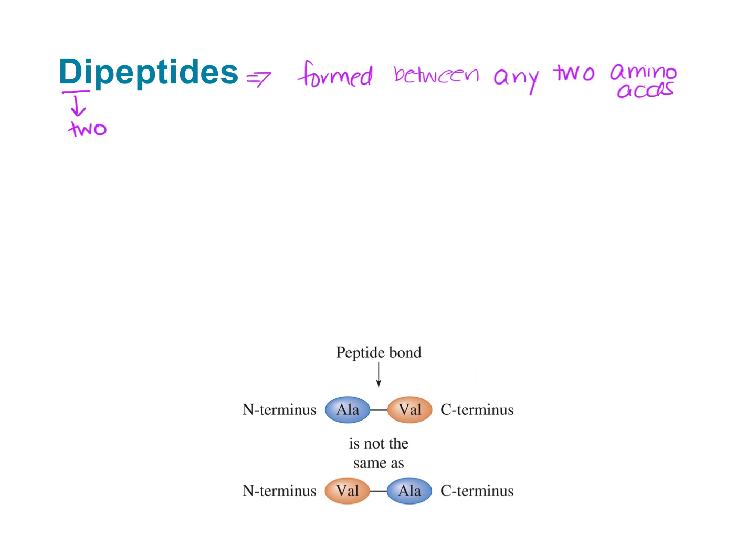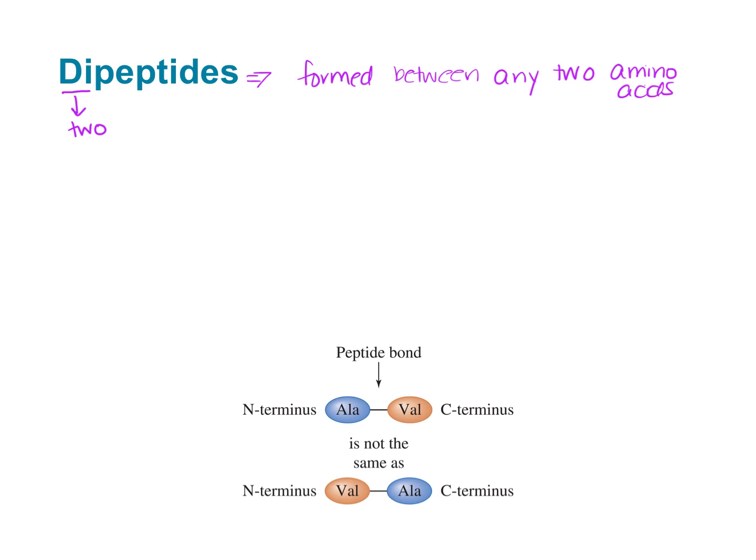Now, these dipeptides would have different properties. So look at the example here. Again, these are written from the N-terminus to the C-terminus. So if alanine comes first and then valine, that is not the same as valine and then alanine.